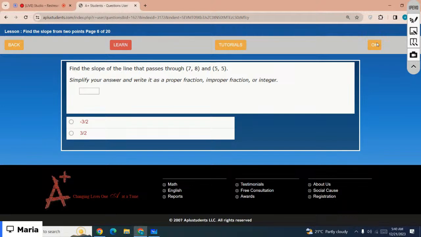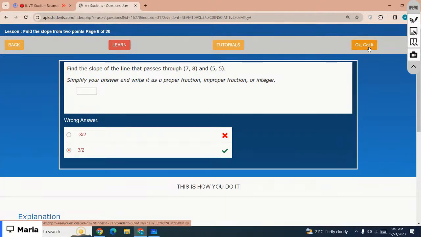So which is the correct option? Yeah, that is negative 3 over 2, right? The correct option is negative 3 over 2. Oh, yes, it is 3 over 2.